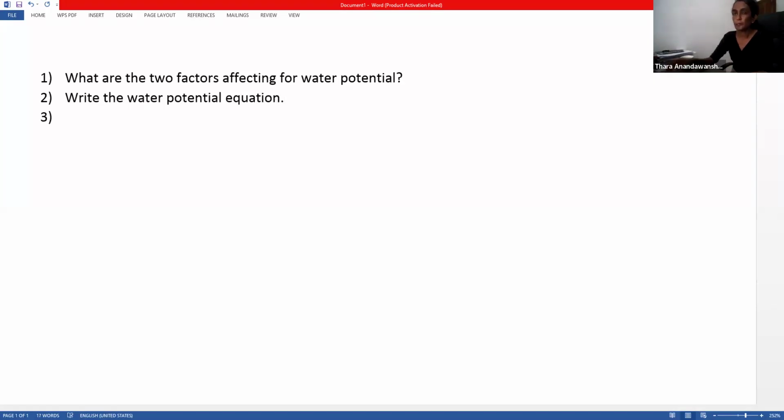Number three, a cell has a water potential of minus 0.3 megapascals.